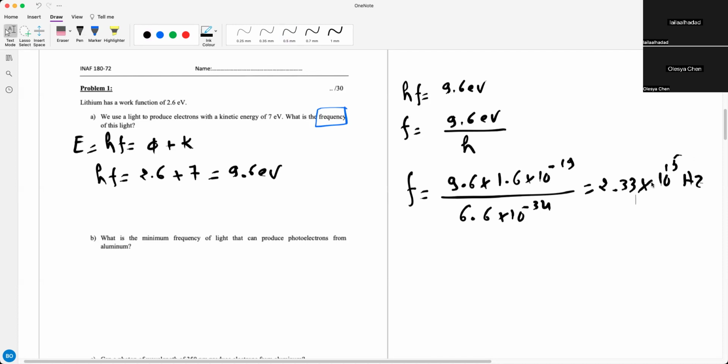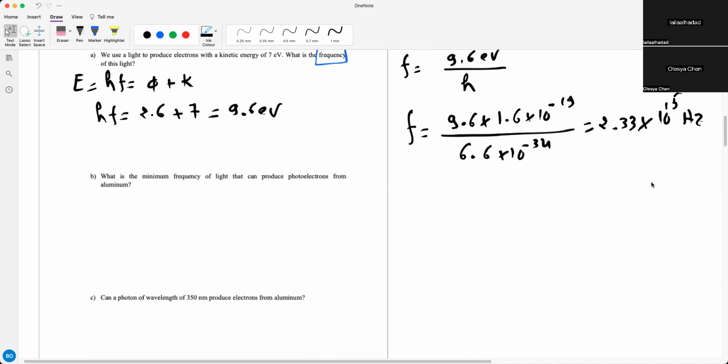Any question? Now, the second question. If you have any question, you can also post it on chat. What is the minimum frequency of light that can produce photoelectrons from aluminum?